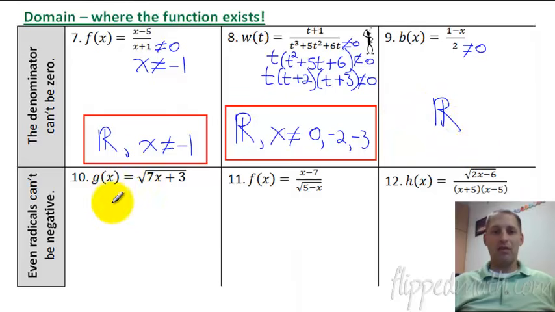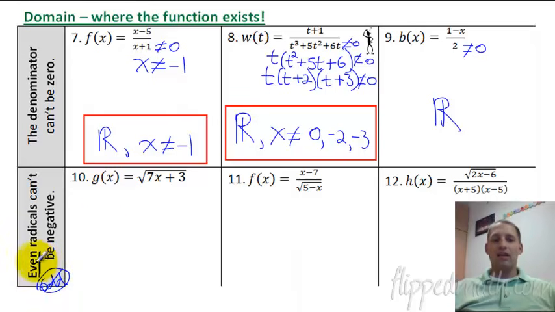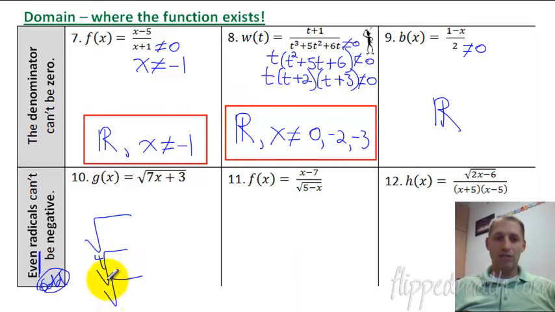Okay, number 10. Now on this row down here, we've got radicals. So if you look over here, when you read this, you don't read it as even radicals can't be negative. You're supposed to read it as even radicals, as opposed to the ones that are odd. Even radicals like the square root, the fourth root, the sixth root, things like that.